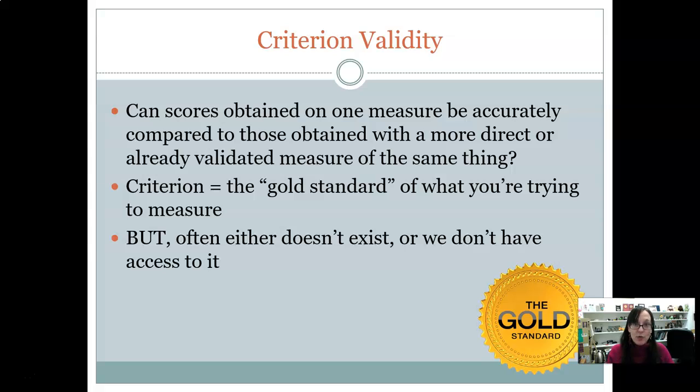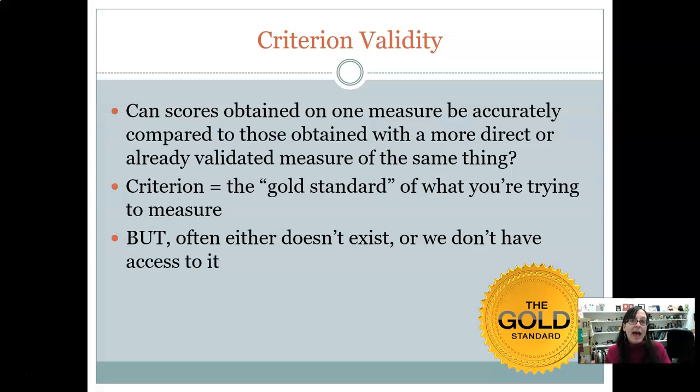So if, for example, you're trying to measure something like, let's go back to our example of anger, say your measure is a self-report measure where they talk about their own level of anger, but you have a criterion to compare that to, which is some biological measure of anger like heart rate or testosterone production, let's say.